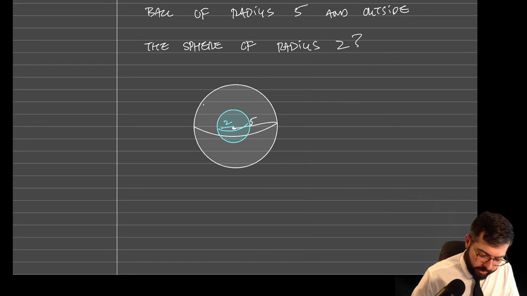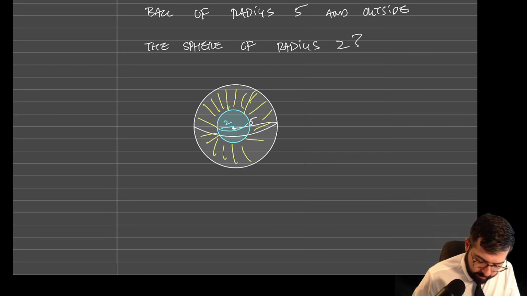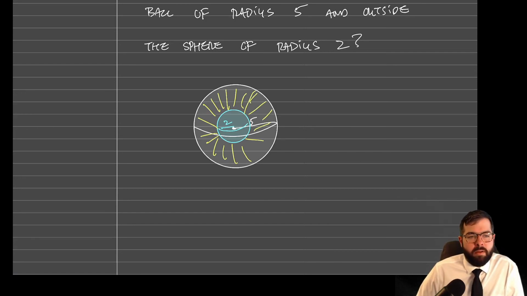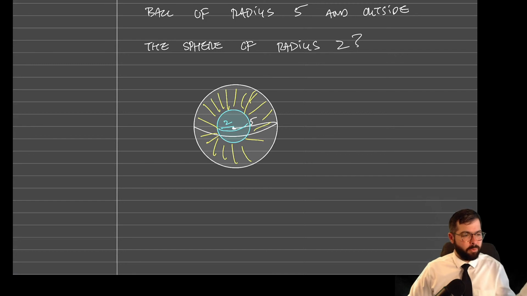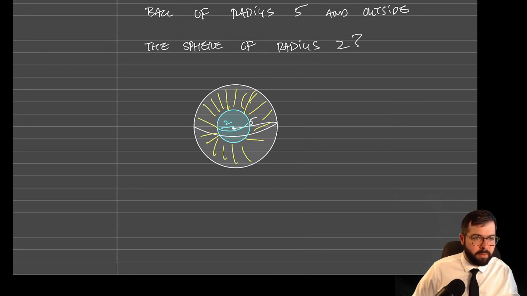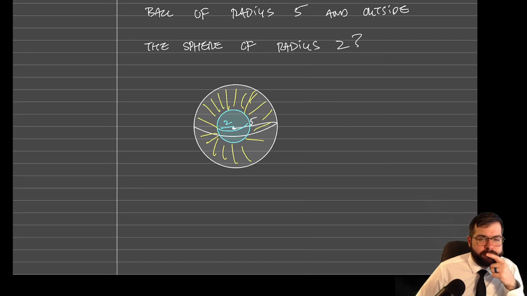And we're really talking about the points inside here. It's kind of like an avocado outside the pit, right? How do we describe that algebraically? Anybody want to take a shot at that?